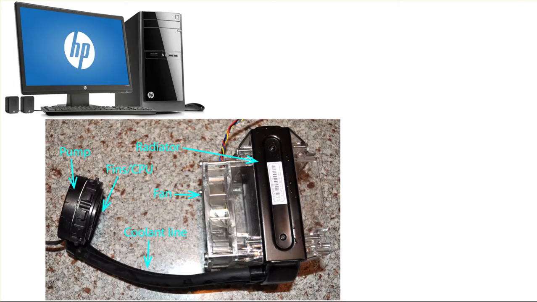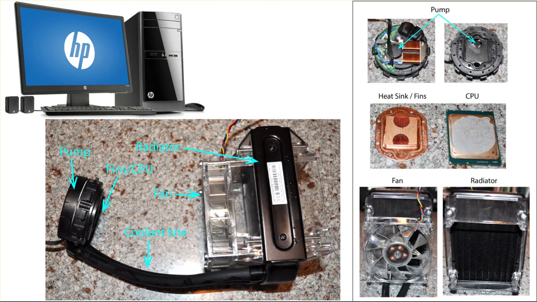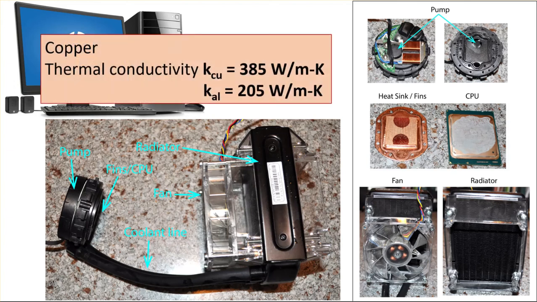Current computers need significantly more cooling, much more than just a small heat sink and a fan. Many desktops are liquid cooled and have a mini radiator like you see in an automobile. The heat sink itself is now made from copper, which has a higher thermal conductivity than aluminum.